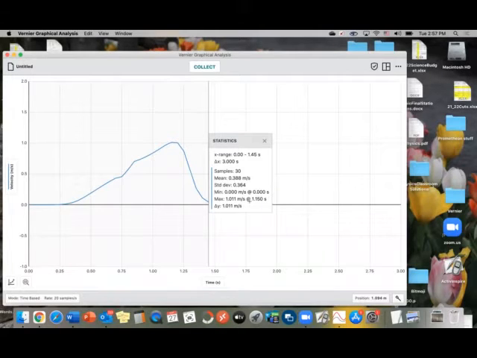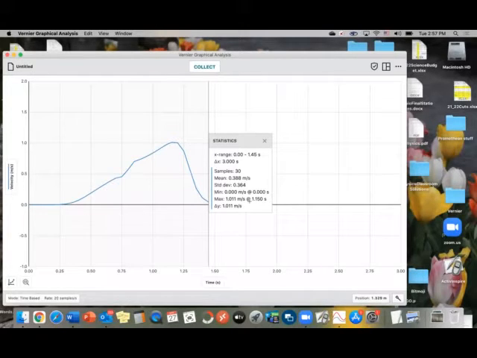So the first trial, the velocity is 1.01 meters per second, and the distance is 14.5 centimeters. Okay, that one seemed pretty good. Let's see if we can get another good trial.